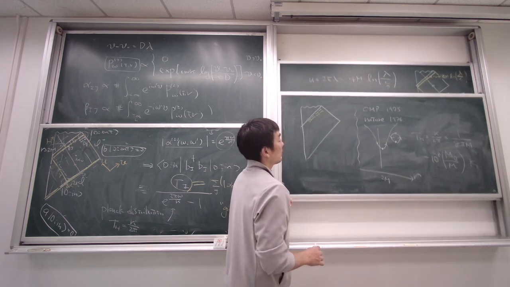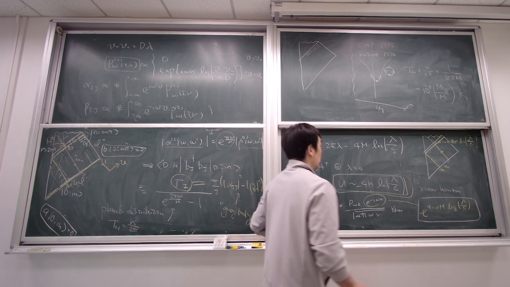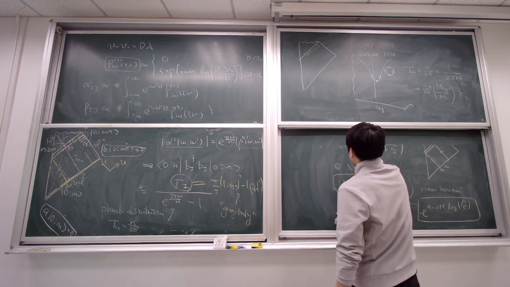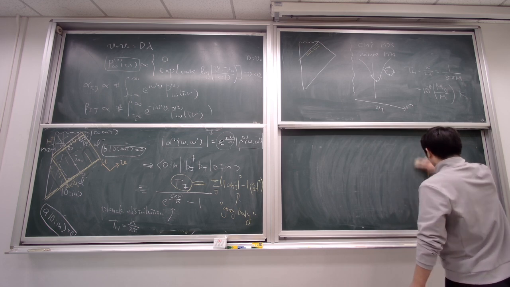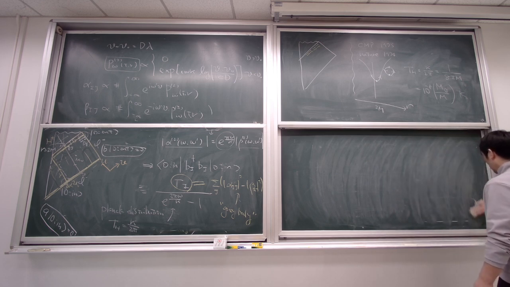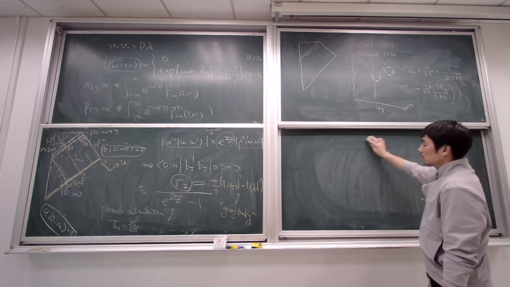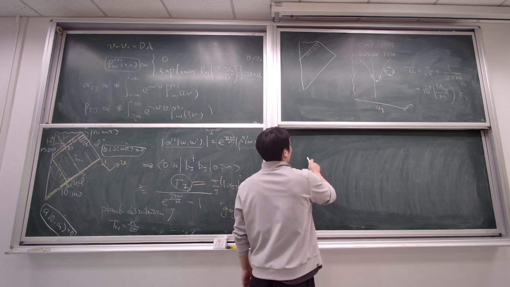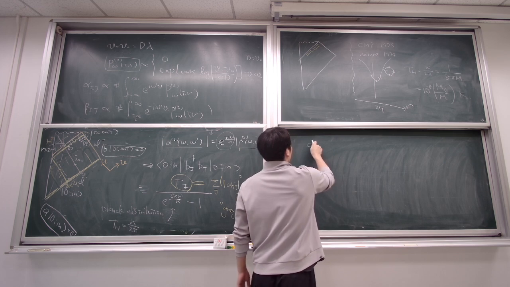Another thing: the black hole will have thermal radiation. If you have thermal radiation, of course the energy will decrease, dE over dt.